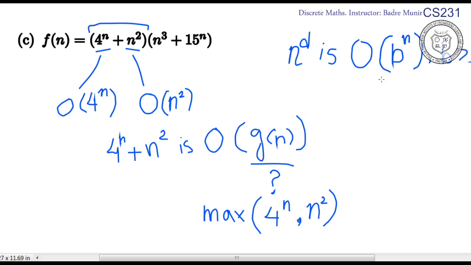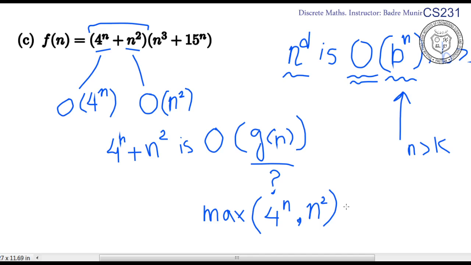What this means is that exponential functions grow larger than power functions, and because there's a big O over here, it is going to be the case that for some value of n greater than k, the exponential function exceeds the power function.